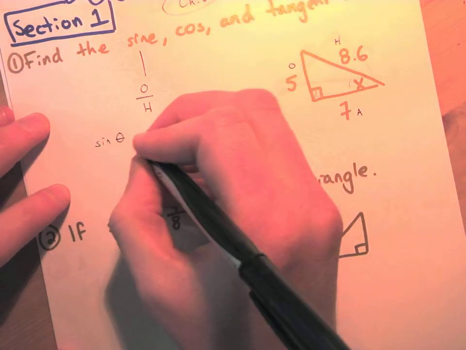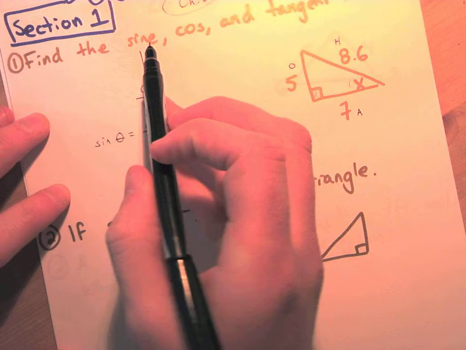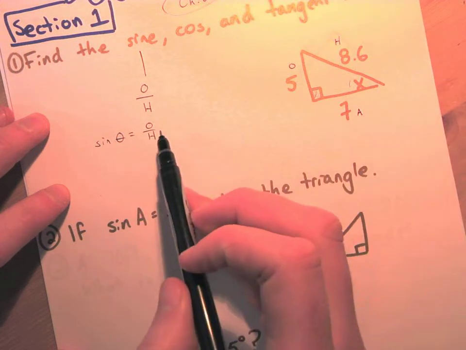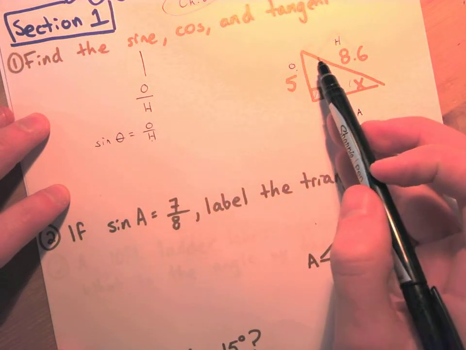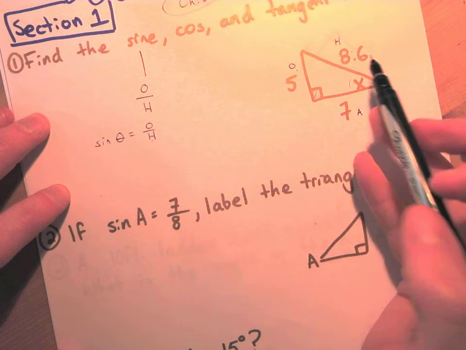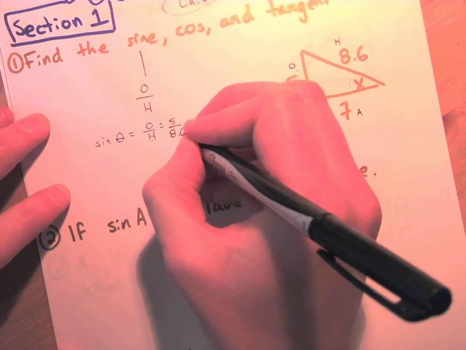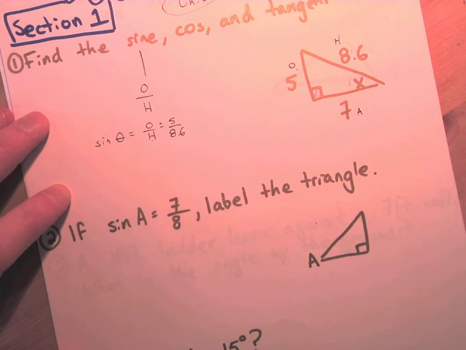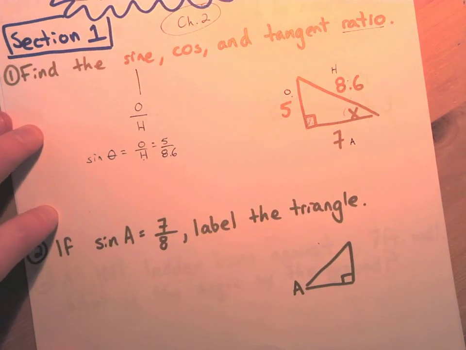It's your angle, is equal to O over H. So they say, what is your sine ratio? They just mean what's your O over your H. And we look at ours as O over H, or 5 over 8.6. So our ratio is 5 over 8.6. That's all they look for whenever you see that word ratio.